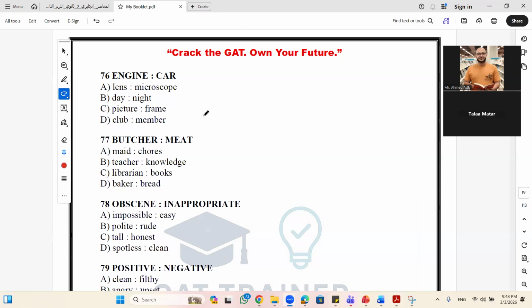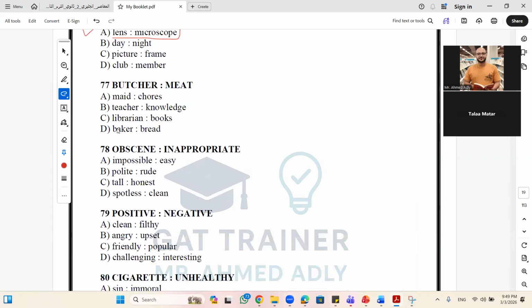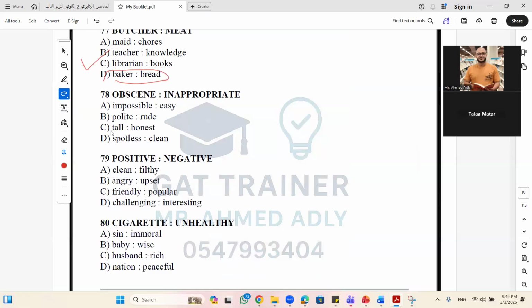Engine and car. Is it lens and microscope? Yeah, perfect. Lens is part of the microscope. All right, butcher and meat. A butcher is somebody who sells meat. A baker sells bread. That's it. Perfect. You have a very strong will. When you do something, you get it.